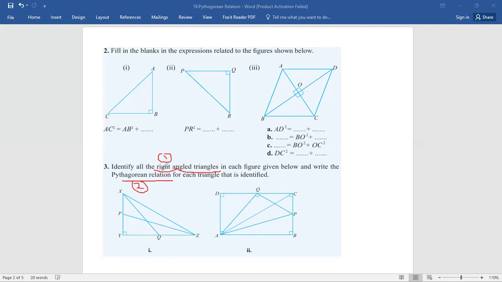first of all, I am going to identify the right angle triangle. I will identify my right angle triangle as X, Y, Q. That is my right angle triangle, and I will highlight it like this.